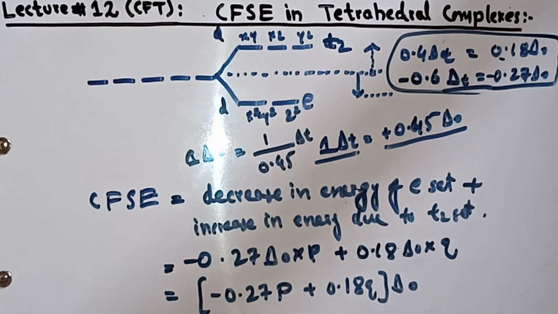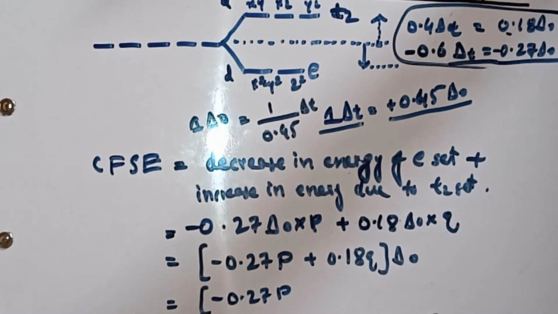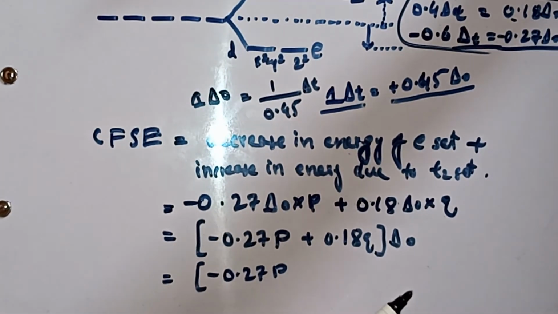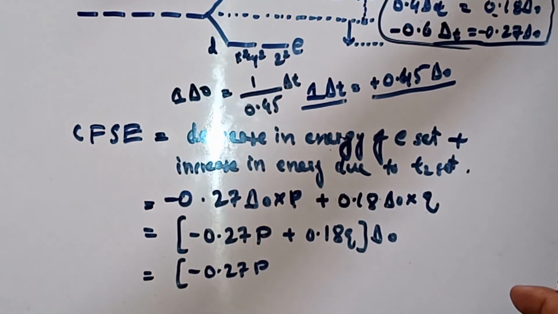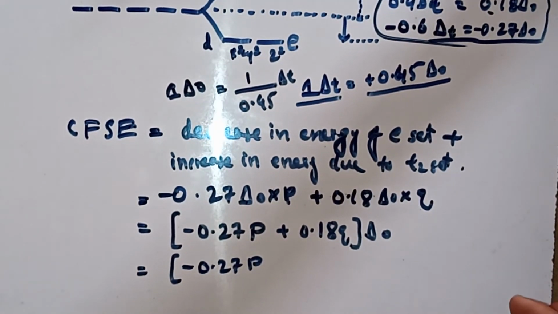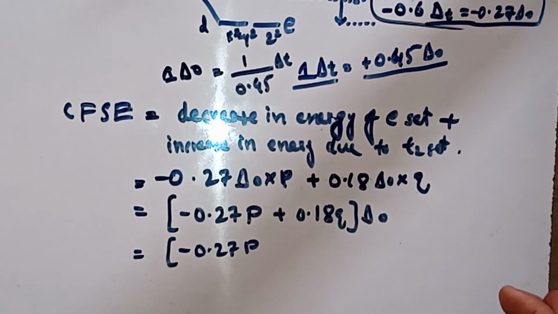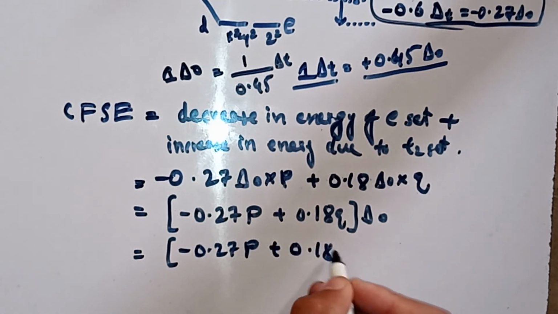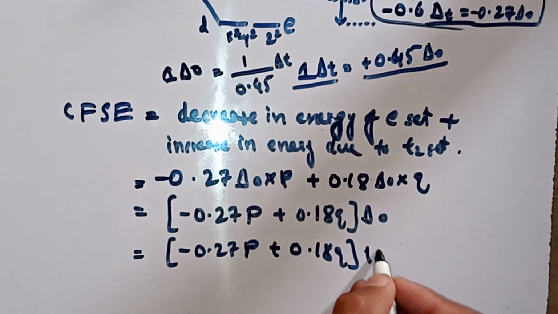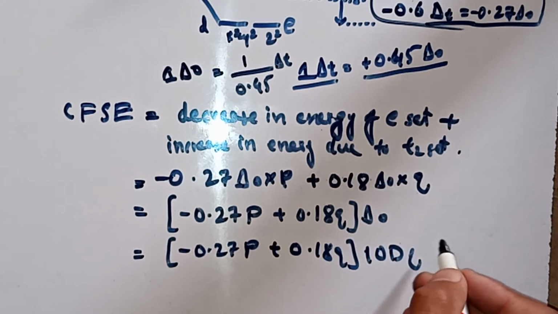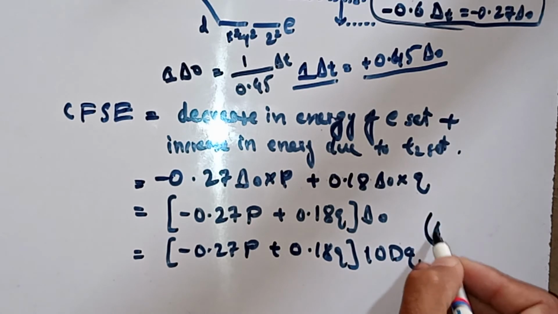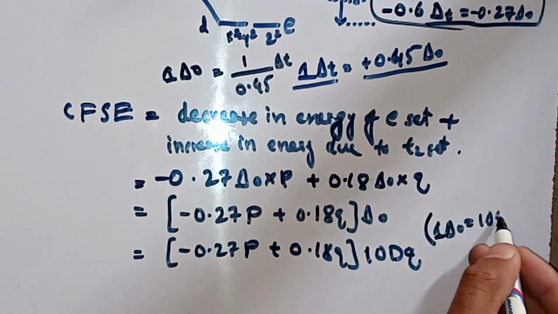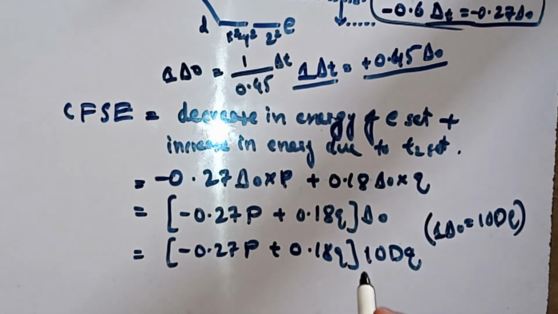Also you can write the equation in this form: minus 0.27 P plus 0.18 Q times 10 Dq, because 1 delta naught is equal to 10 Dq, so we put 10 Dq instead of delta naught.